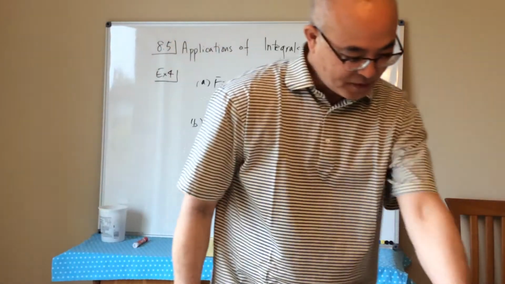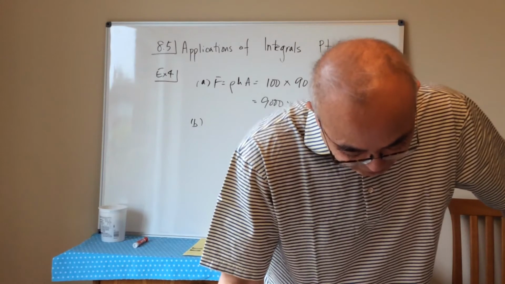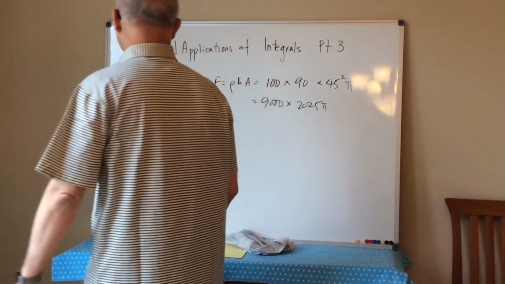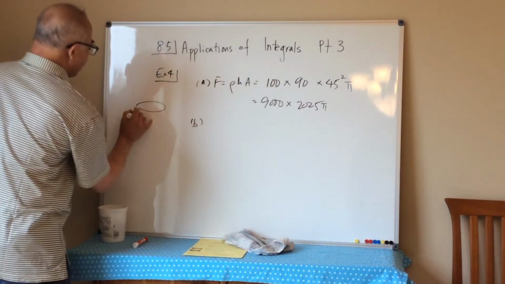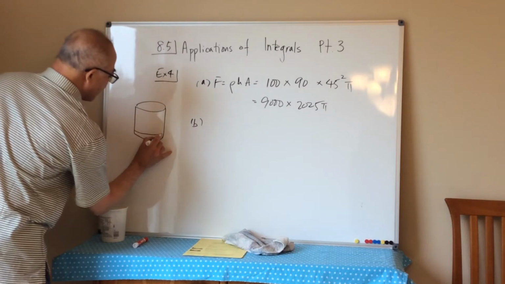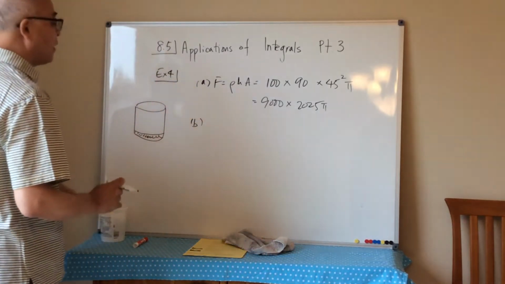B. In B, it wants us to find what is the total force against the bottom foot-wide band of the tank wall. So in other words, you have a tank that looks like this, and we want to know the total force on this bottom band here, the bottom 1 foot.